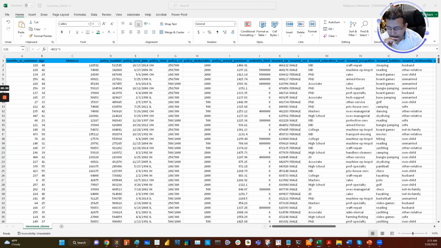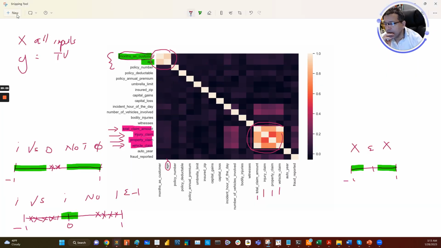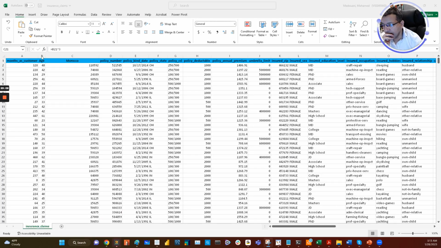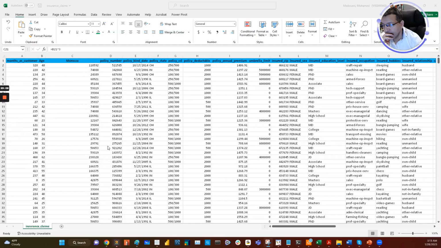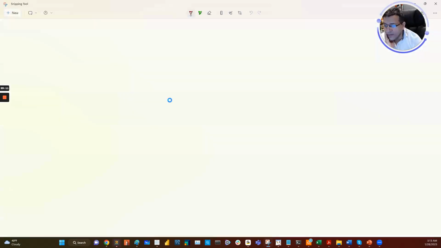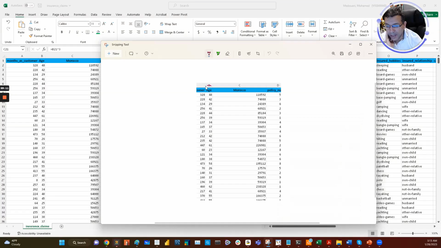So if I were to ask you about age and Morocco, are they correlated? No. The question is, are they similar? No. Of course not, because we have this age, we have this Morocco, we got 48, we got 110,000, so they are not similar.